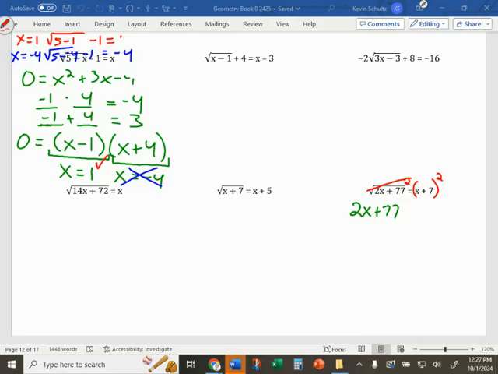x plus 7 times, remember you can't distribute the power. This is really x plus 7 times x plus 7, which is why we have to FOIL, crab claw, or box it. Okay, what do we come up with?